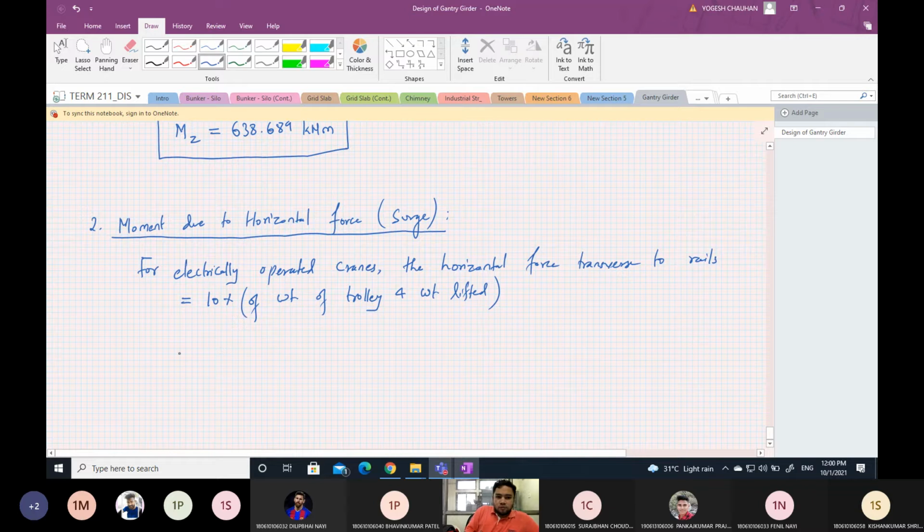Okay. So I can write F surge, that is the surge force, will be equal to 10% of the weight of the trolley plus weight lifted, 0.1 into 50 plus 250, so that will be 30 kilonewton. Okay. So this is the surge force.